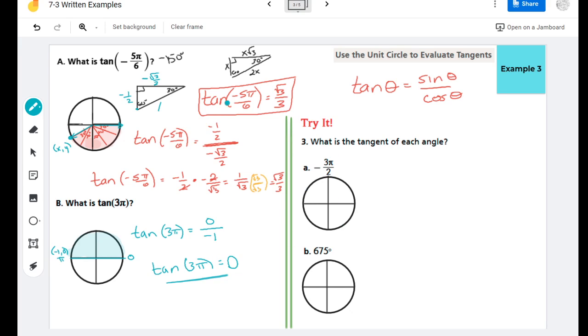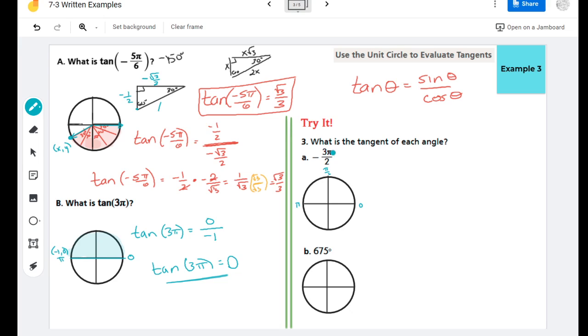Alrighty, let's try this one. So now we're looking at negative 3 pi over 2. So it's worth noting that pi over 2 is the same thing as 90 degrees, right? Because here's pi, here's 0, so pi over 2 is half of a pi, which is 90 degrees.